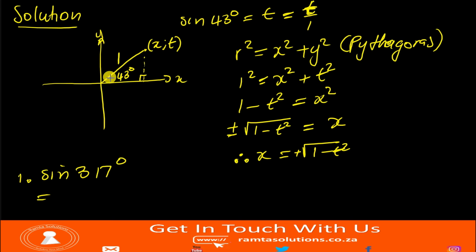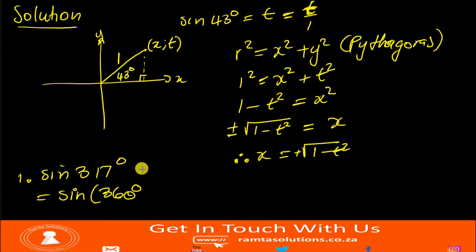So it's here. The reduction formula for this side here, 317, is 360 minus. A tip that I often give students is this: in the fourth quadrant, you say 360 minus.